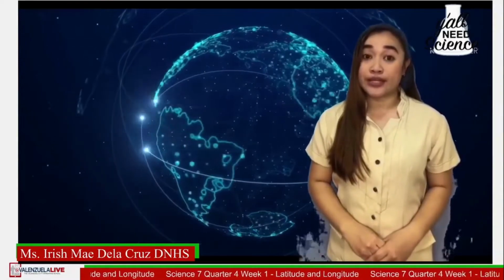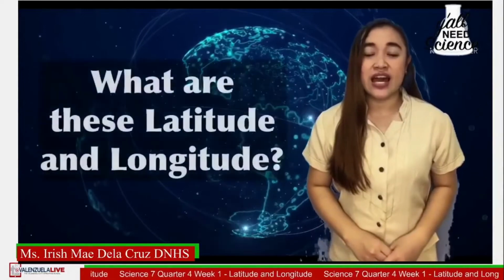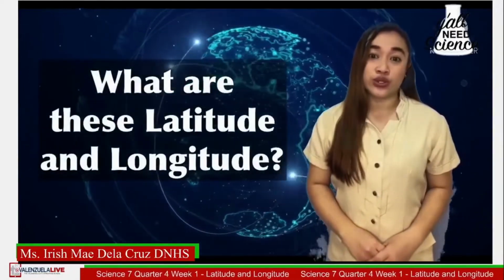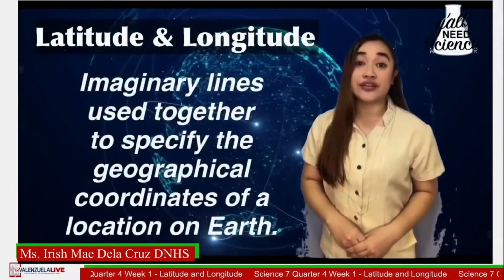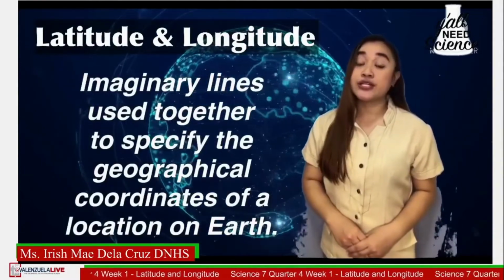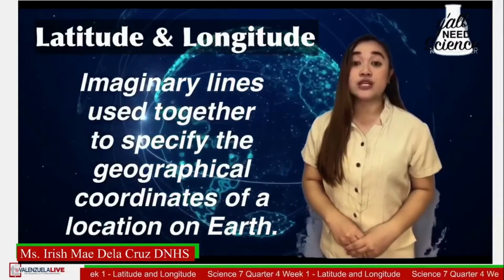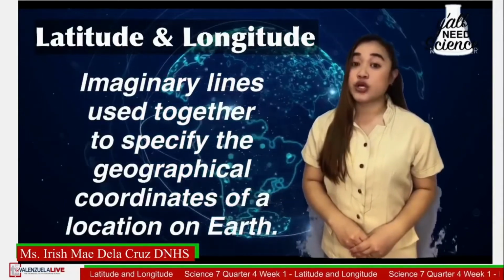Latitude and longitude were mentioned during the comparison of the map and the globe. But what are these latitude and longitude? Latitude and longitude are imaginary lines used together to specify the geographical coordinates of a location on Earth.